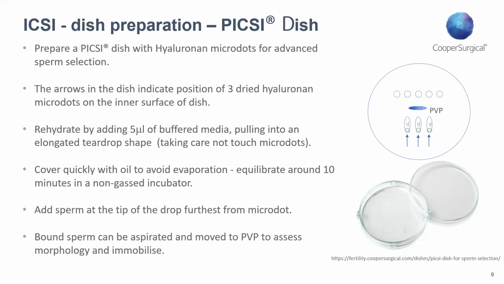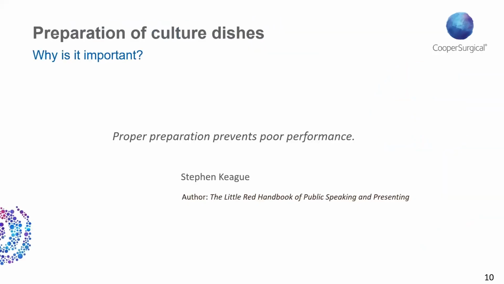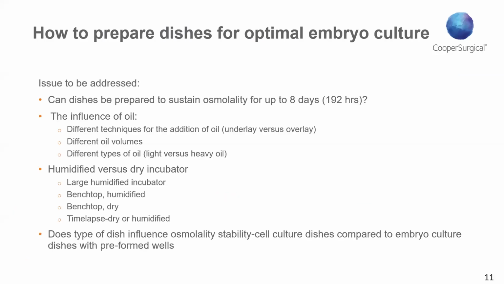Okay, so denudation and ICSI, not necessarily culture dishes, but they still need care and attention, not only making them, thinking about the volumes that you're going to use, but also the length of time that they'll remain stable while you're doing those specific techniques within the lab. So we're going to talk now in the next few minutes specifically about culture dishes. If you just go back one slide, okay, please.